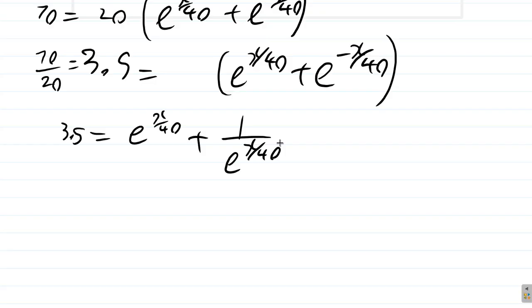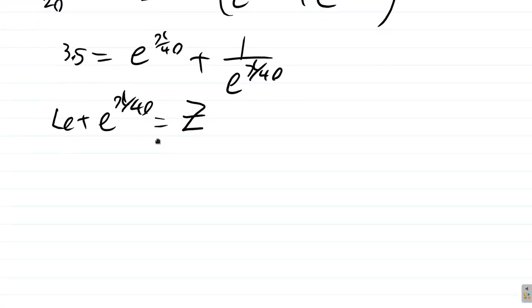And then multiplying both sides by e to the x divided by 40, or maybe it would be less confusing if you let e to the x over 40 be one thing. Let's call it z. So you could say 3.5 equals z plus 1 over z.